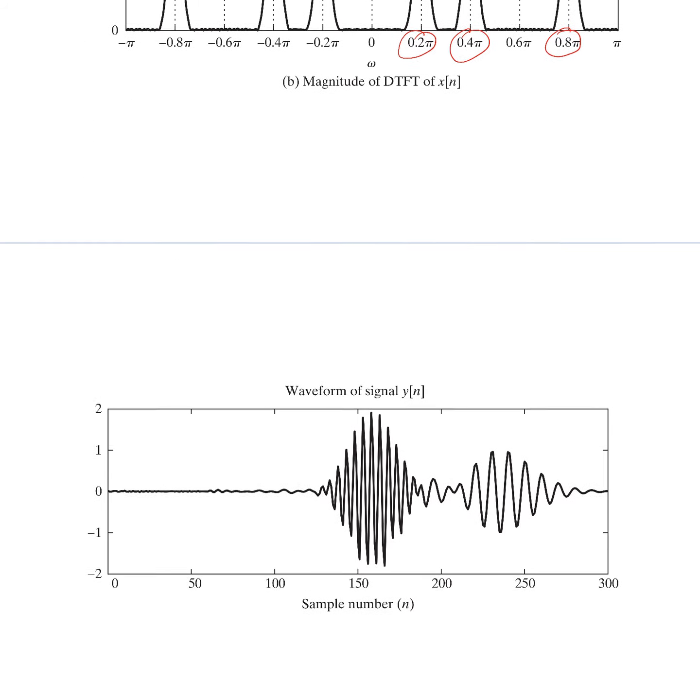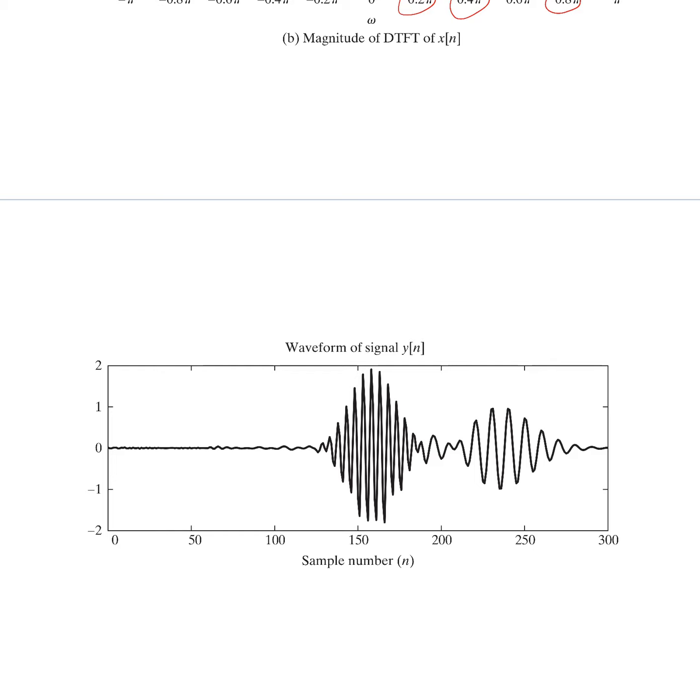Let's see how the output looks. This bunch of signal is at 0.2 pi and this bunch of waveform is at 0.4 pi. This is the analysis.